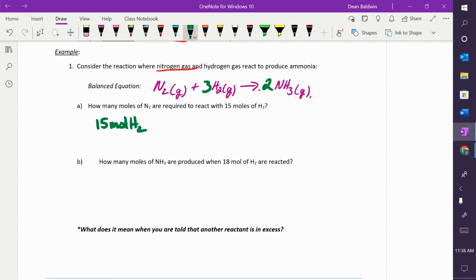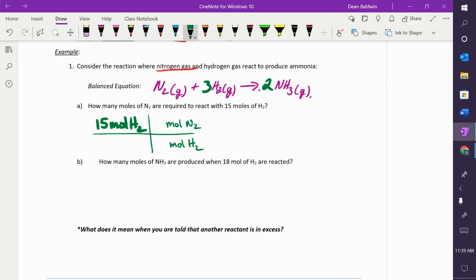That's my starting point. Then, moles of N2 is what I want, right? And I need the moles of H2 to go away. So that means that has to be in the denominator, right? Because that will cancel that.